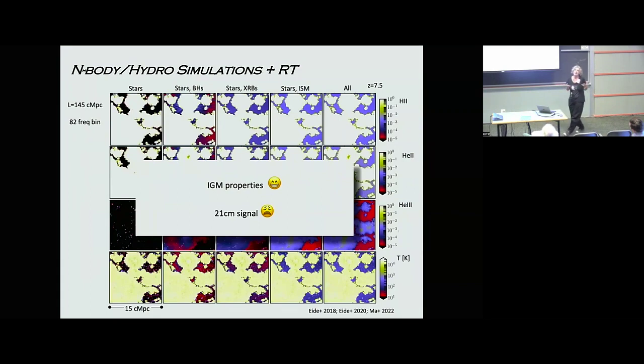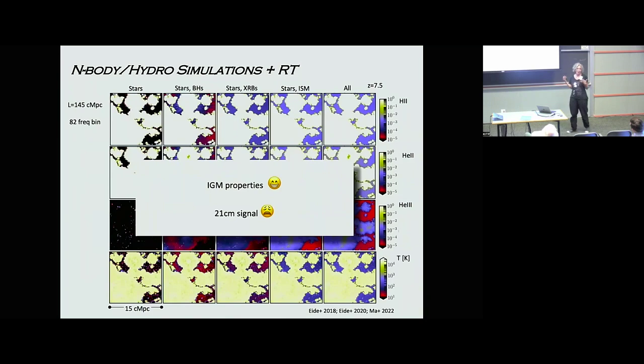The observation of the 21 centimeter signal from neutral hydrogen at high redshift is the ultimate probe of the properties of the IGM, because in principle it can tell you the distribution of neutral hydrogen as a function of time and space.